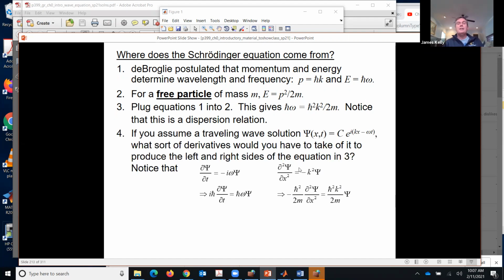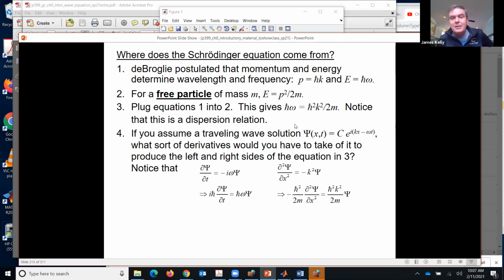So let's go backward and think about, if I have a traveling wave of this particularly simple form, this complex traveling wave here, e to the i(kx minus omega t), what sorts of partial derivatives would I need in the wave equation that this is going to satisfy, so that when I substitute this in, I'm going to get this dispersion relation?